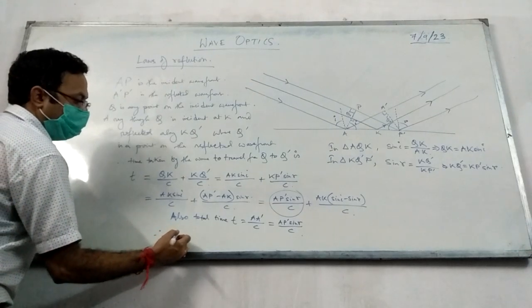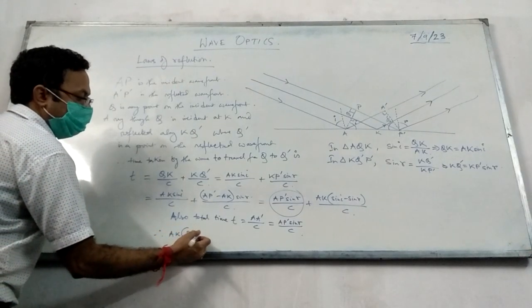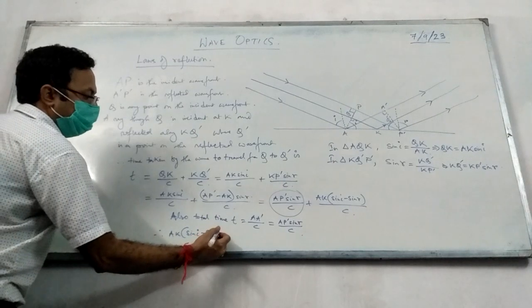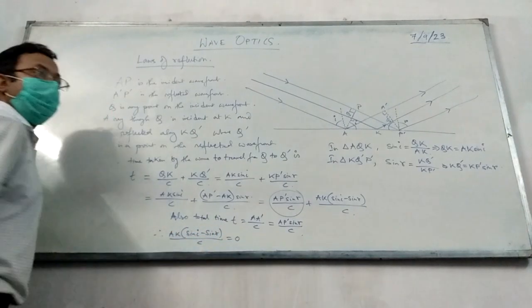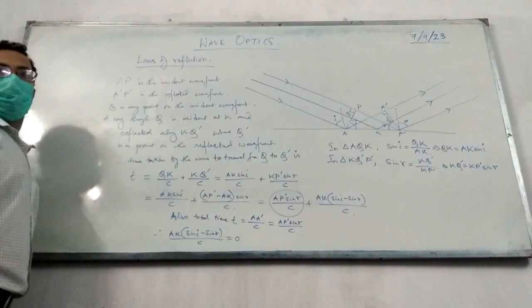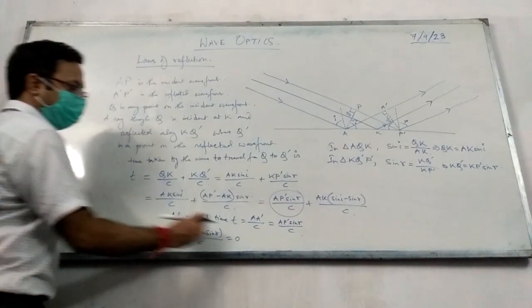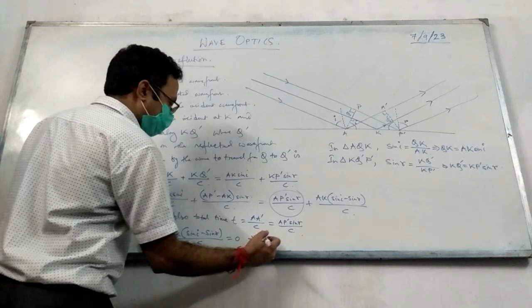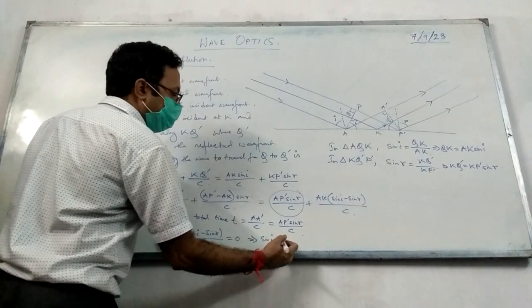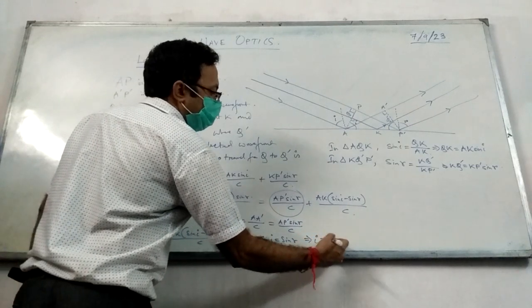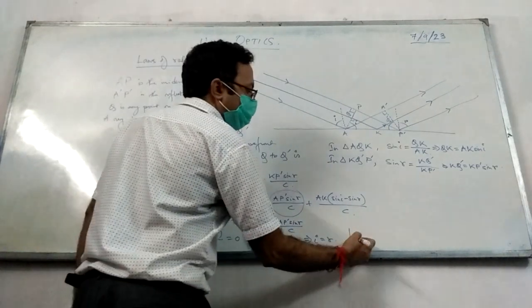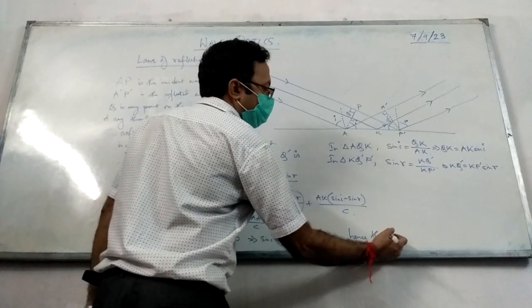Therefore AK (sin I minus sin r) by c is equal to 0, right? So if this is equal to 0, that implies sin I equal to sin r, and that implies I is equal to r. Hence the law of reflection.